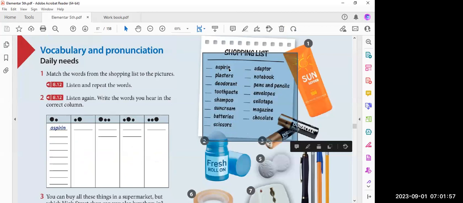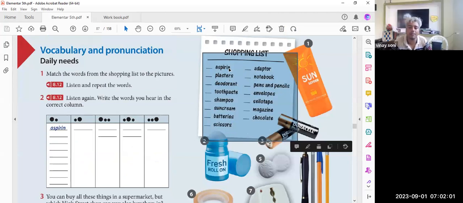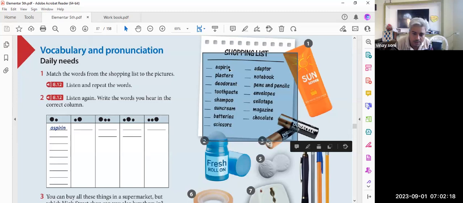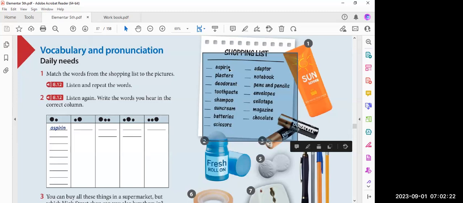And how many vowel sounds do you think it has? Oh, how many vowel sounds? Try to count.